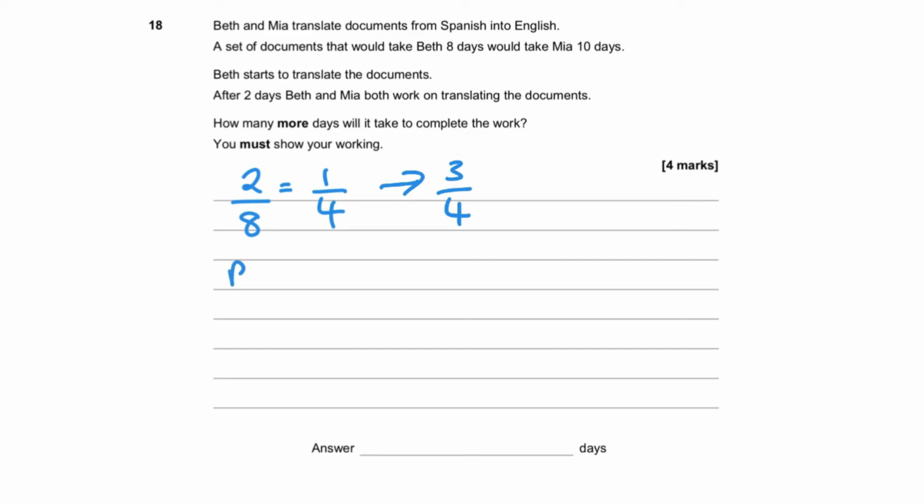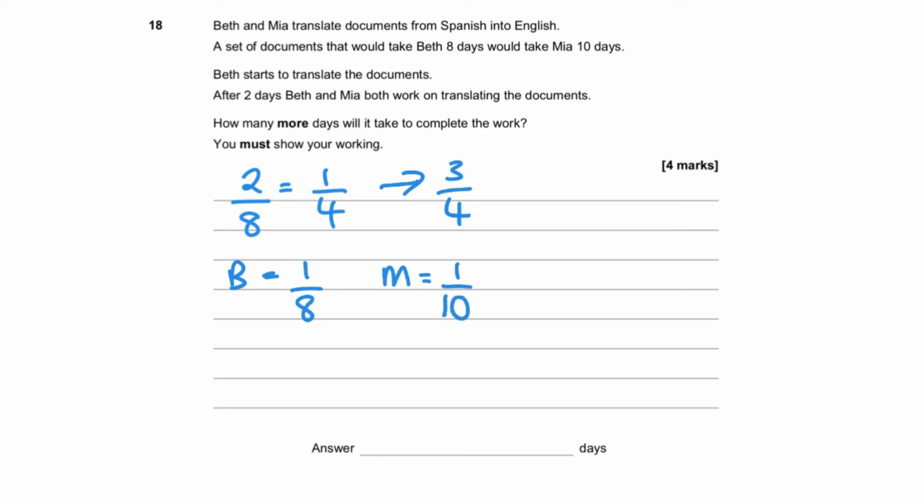So Beth works at a rate that it would take her 8 days to do the whole project. So in 1 day, she's going to do 1/8 of the work. Mia works at a rate that it would take her 10 days to do the whole project. So she does 1/10 of the work in 1 day.